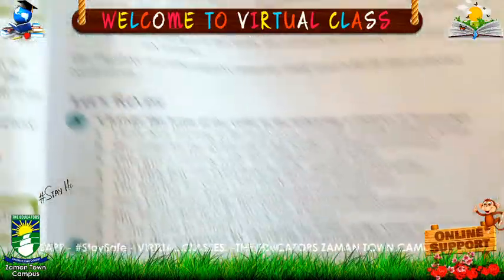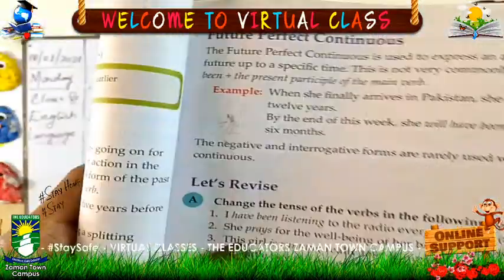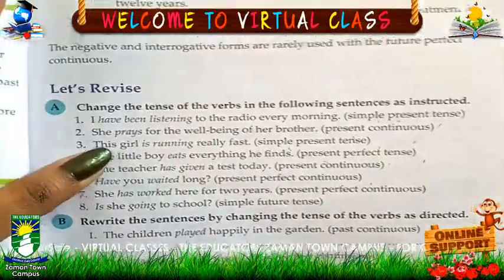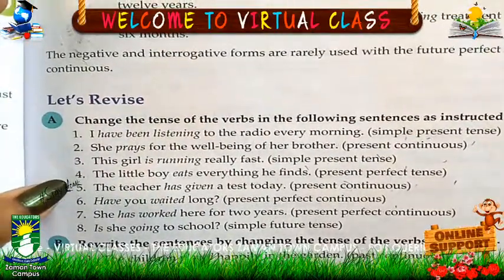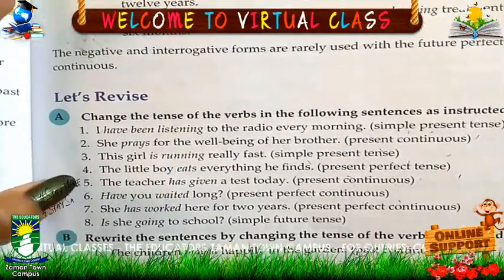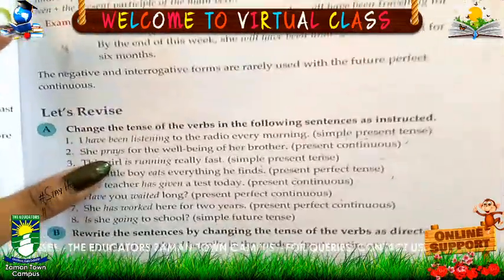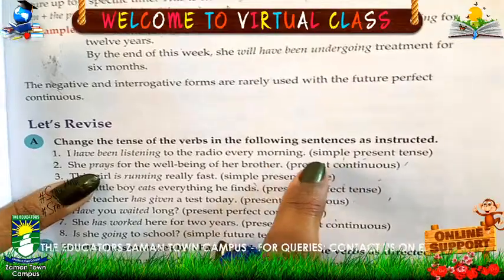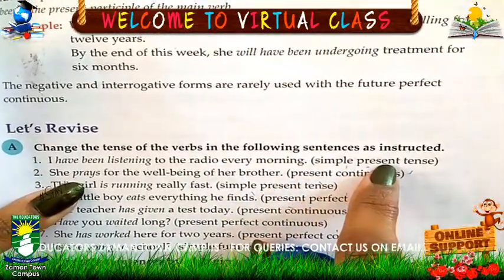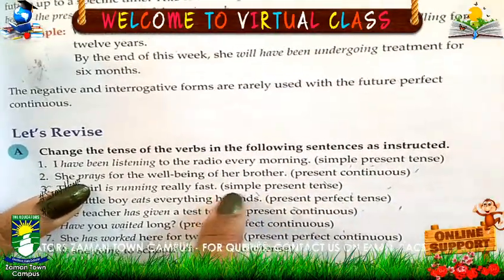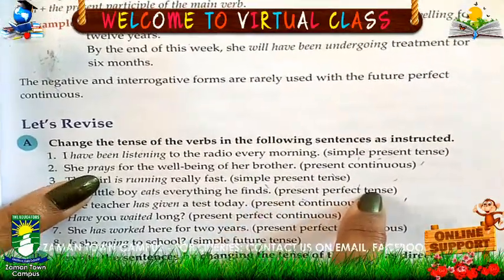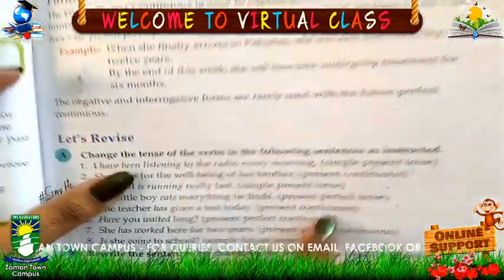You are having 8 sentences here. You are supposed to do only 5 of them. Okay, there is one thing new in your exercise. Look here: simple present tense, present continuous, simple present tense, present perfect tense and present continuous.